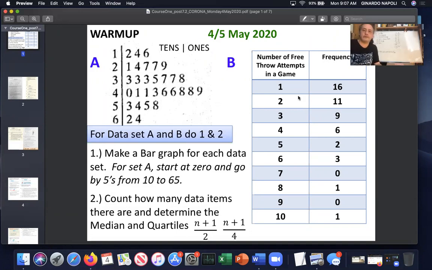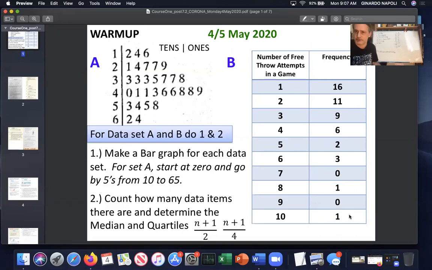Okay, and then here you can just make 10 bars going up. Each bar represents these specific events. How many free throws did a particular basketball player get in that game? All right, most of the time, this basketball player gets 1 free throw. And then a couple of times he gets 2. And on a rare occasion, he might get as much as 10.